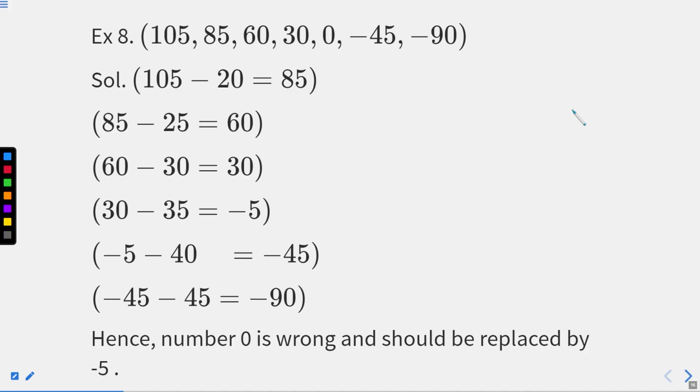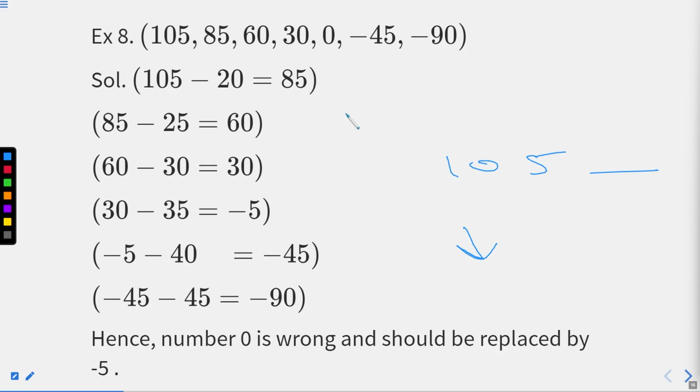So what exactly we are using here is more related to the decrease of the number instead of increase. The number 105 is decreased to 85, is decreased to 60. In a similar manner, we are able to figure out that the difference in the number is increasing by 5.